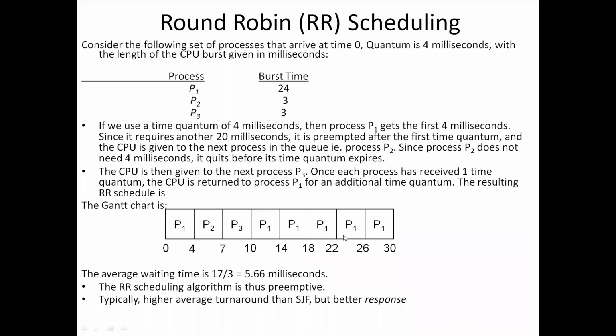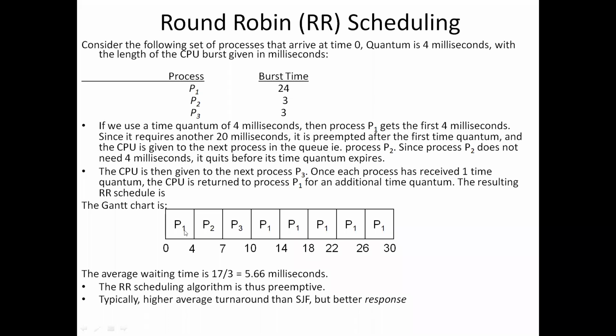If there is no new process in the ready queue, the same process will be executed for the next 4 milliseconds. Like this, round robin scheduling will be done. Here the average waiting time is 5.66 milliseconds.